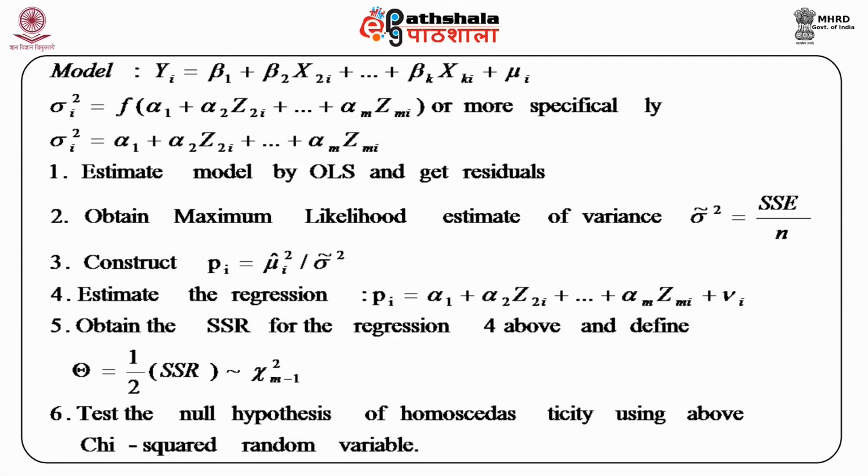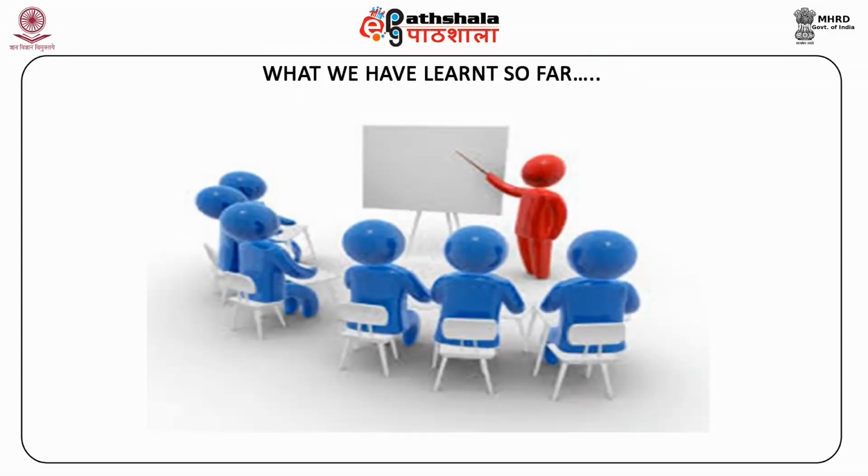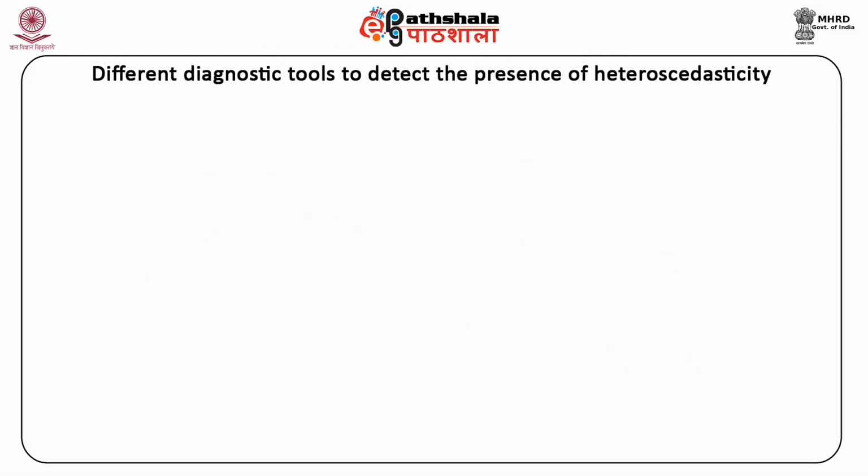Now we can show that if there is no heteroscedasticity, and if the sample size n increases indefinitely under the assumption that Ui are normally distributed, then theta asymptotically follows the chi-squared distribution with m-1 degrees of freedom.